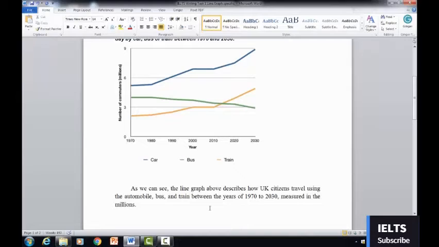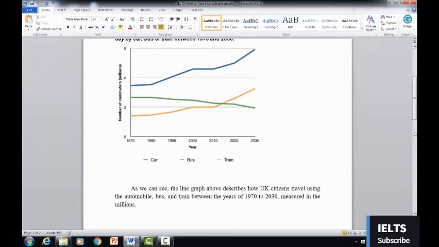So by the time we reach 2000, 7 million people are using the car. And then by the time we get to 2000, just under 4 million are using the bus. And 3 million are using the train.